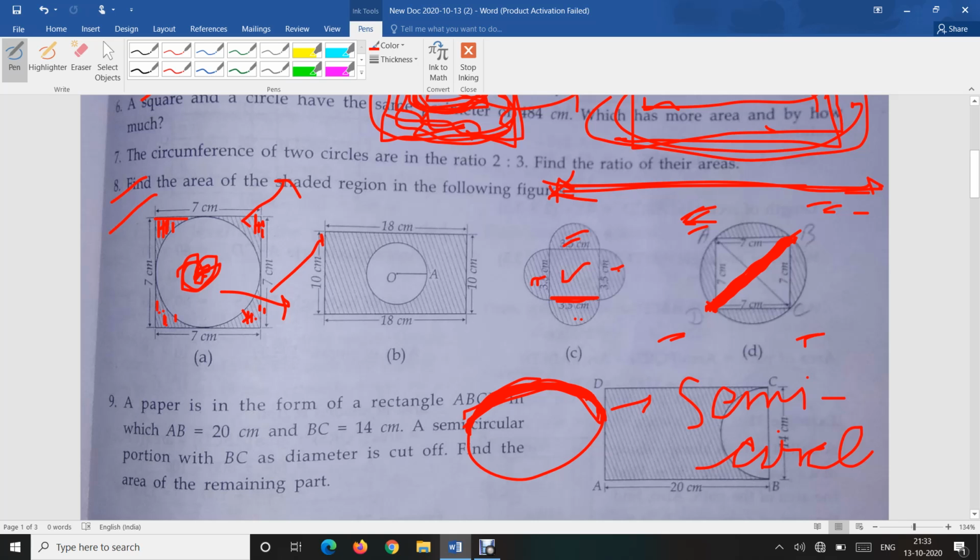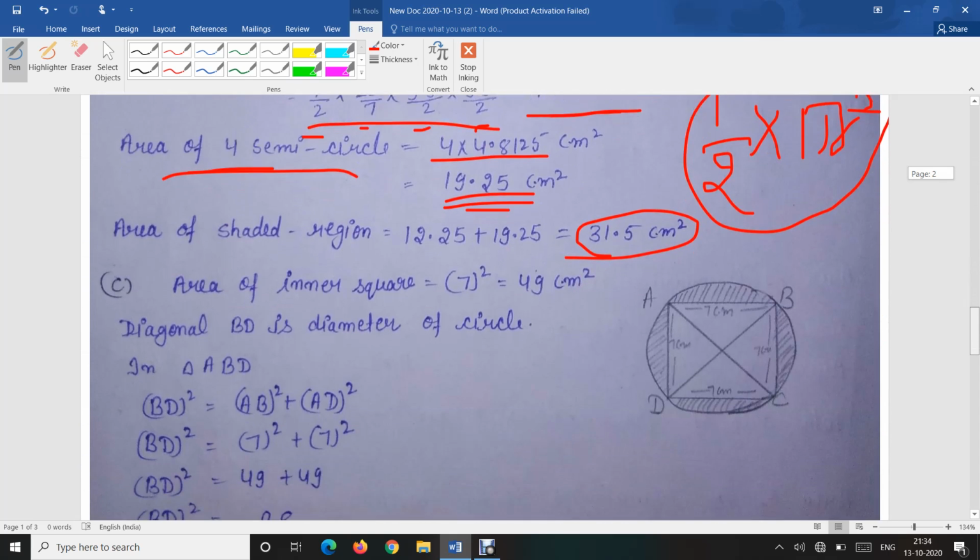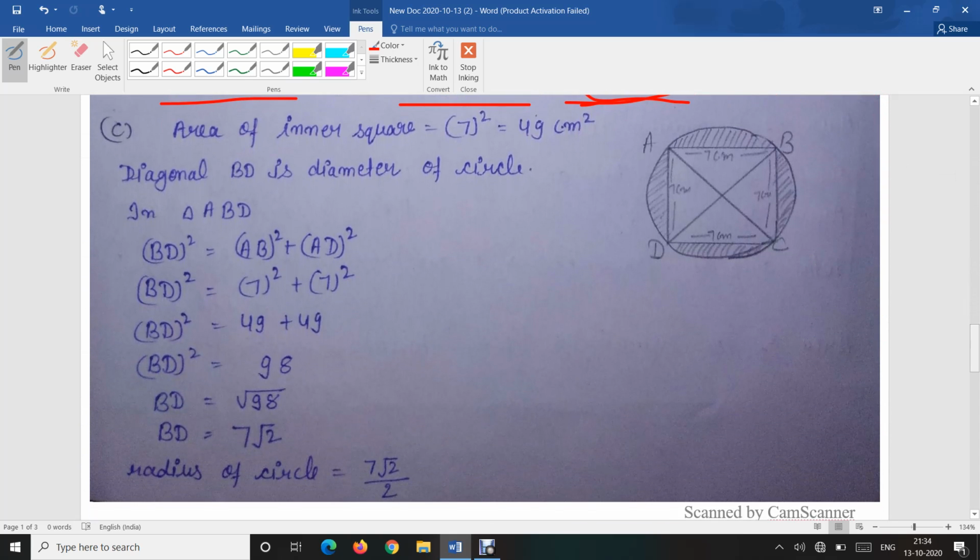So first of all we will find the area of the square, after that we will find the radius. The area of the inner square is side multiplied by side, which is equal to 49 centimeter square. This diagonal BD is also the diameter of the circle. So we need to take triangle ABD.